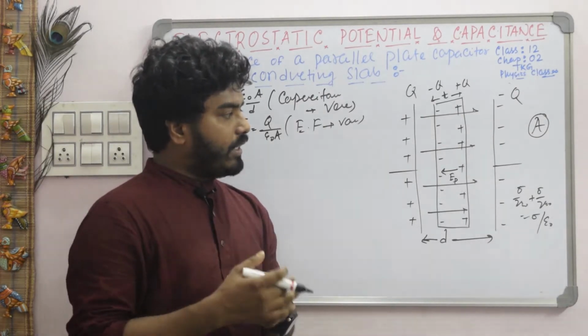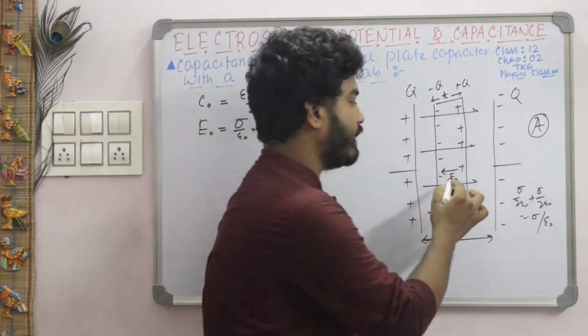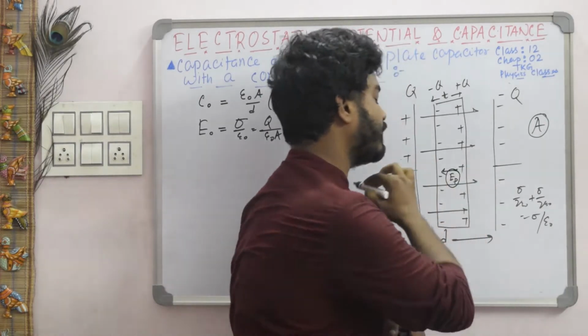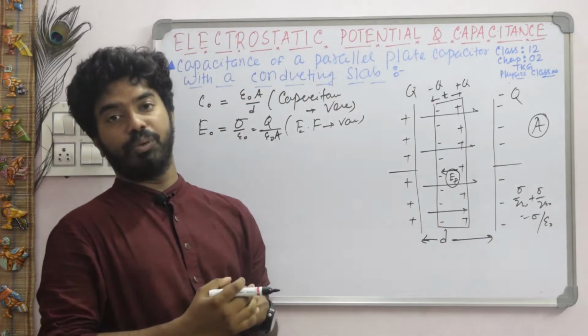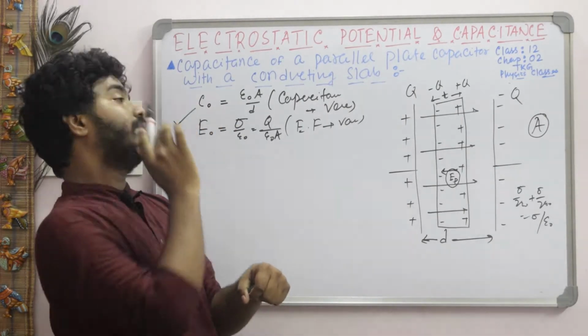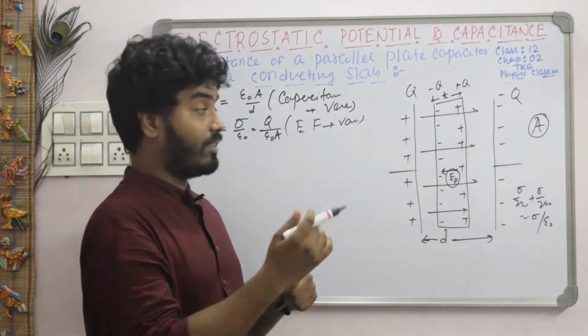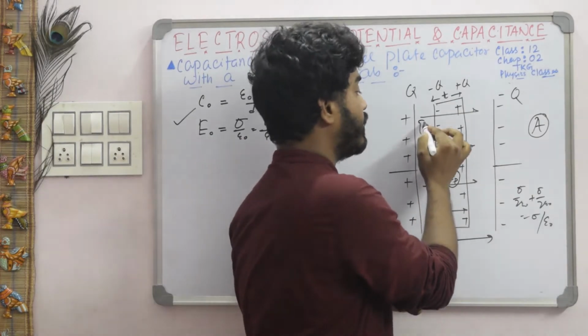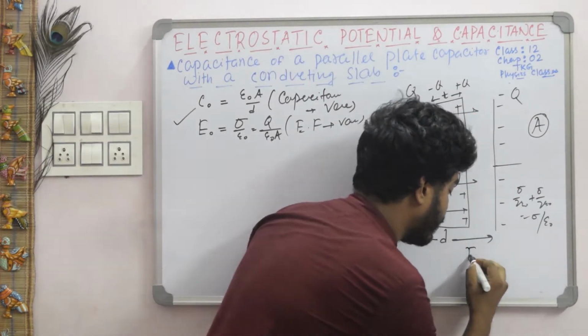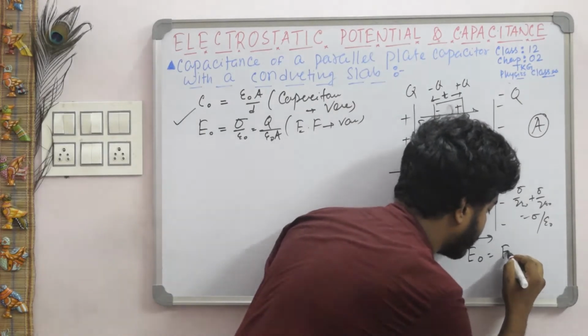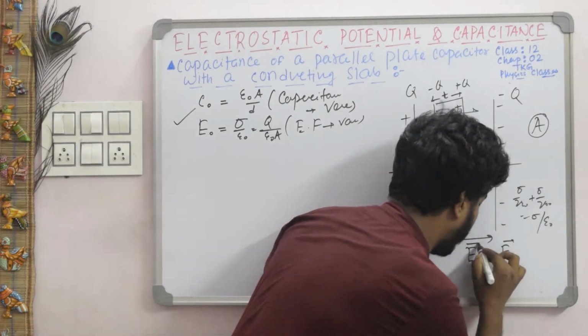Now just check one thing: this EP, this induced electric field, is exactly opposite to the initial electric field which is directed from the positive plate to the negative plate. So here EP is exactly equal to E naught.